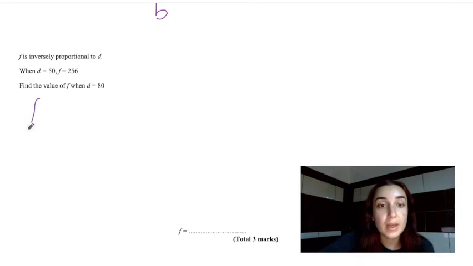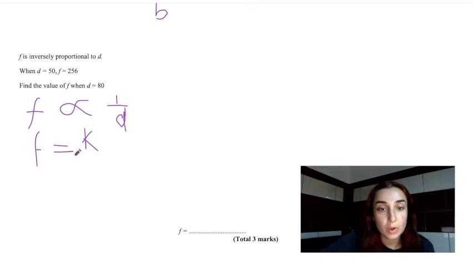So we can write down that F is inversely proportional to 1 over D. Then we can write down F is equal to K over D, or K times 1 over D, which is the same exact thing.